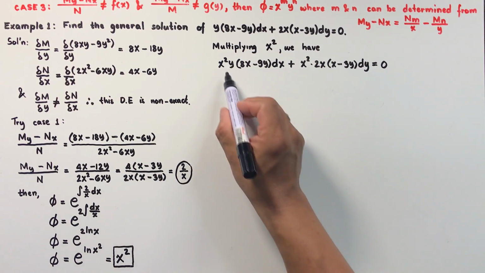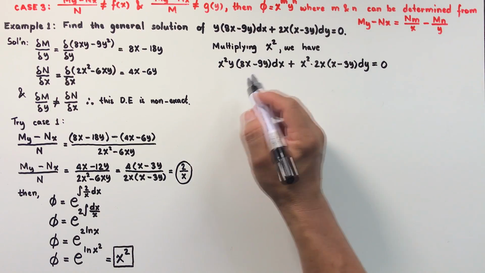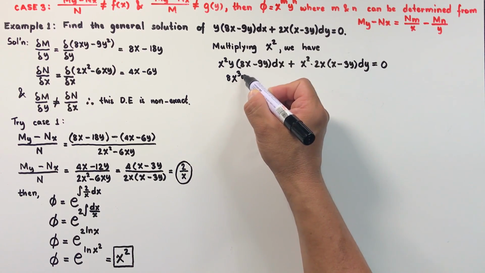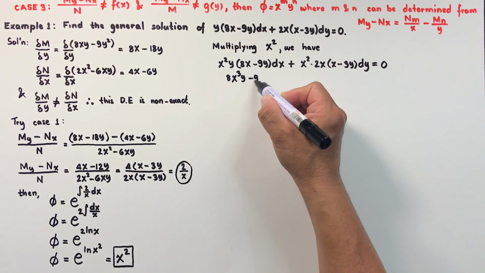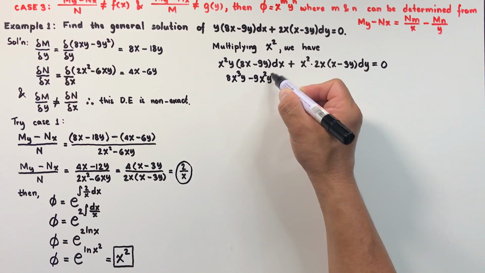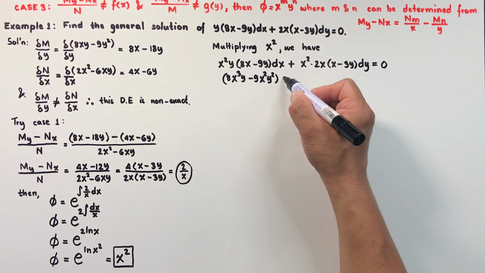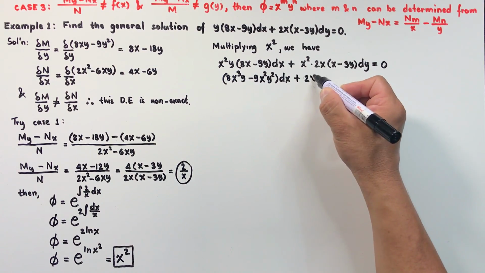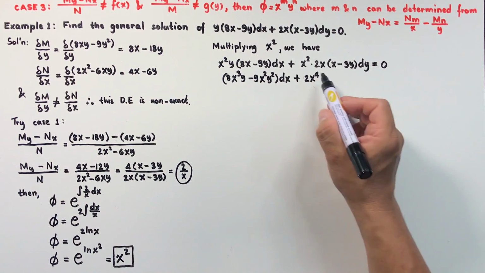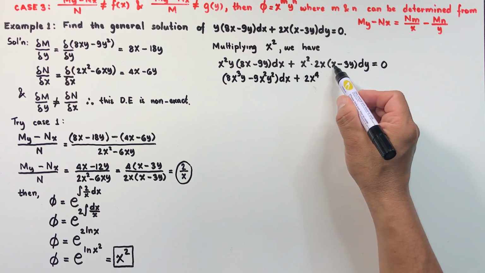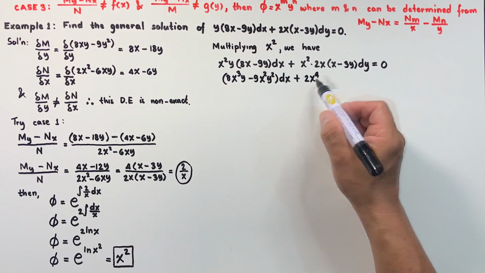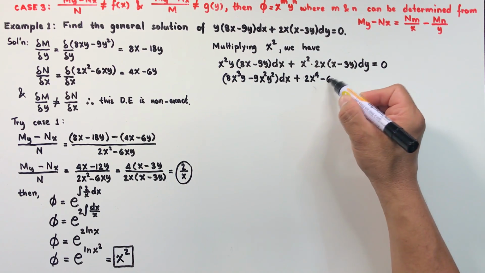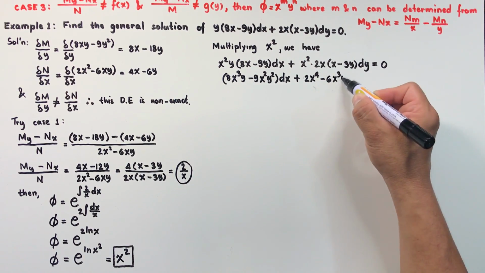And multiplying this term to this binomial here, we have 8x cubed times y minus 9x squared y squared, and this is multiplied by dx, plus 2x to the power 4 here, because x squared times x is x to the power of 4, and this will be subtracted by 6x cubed y.